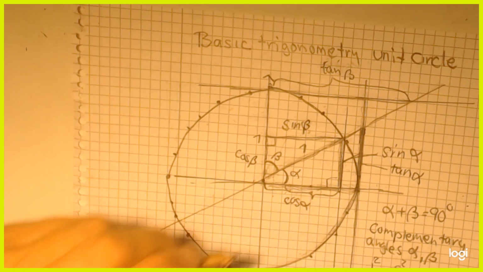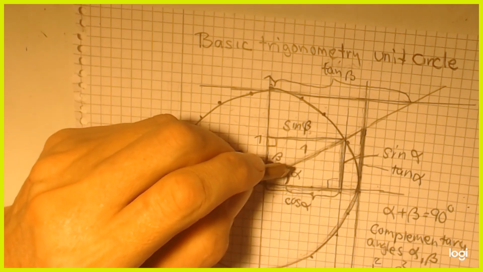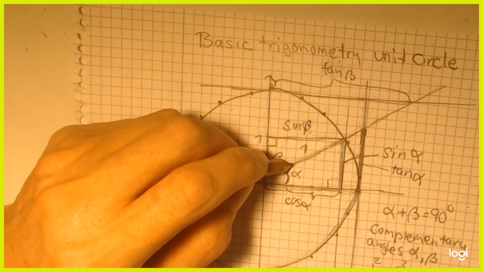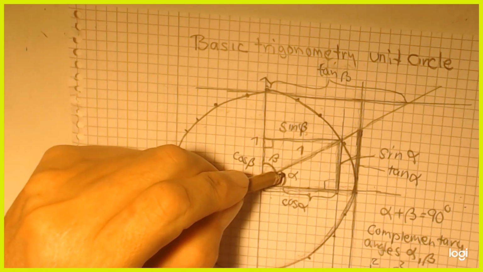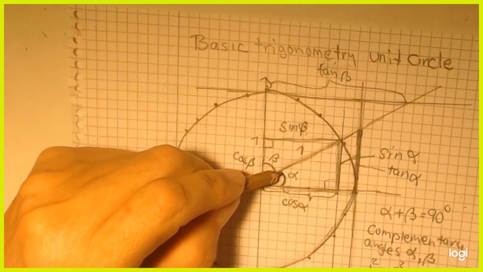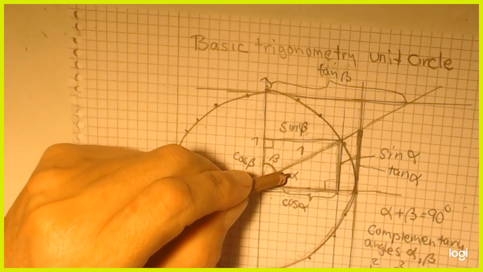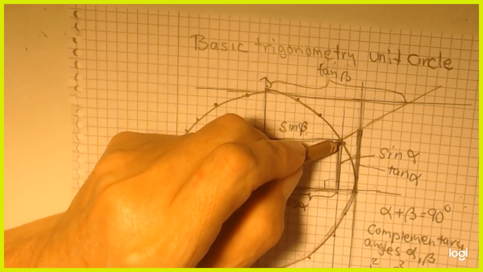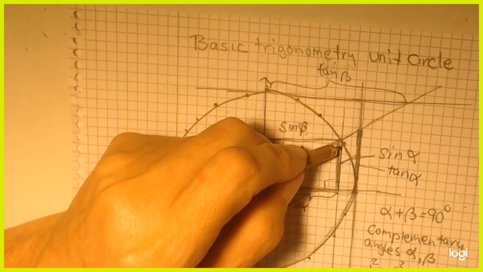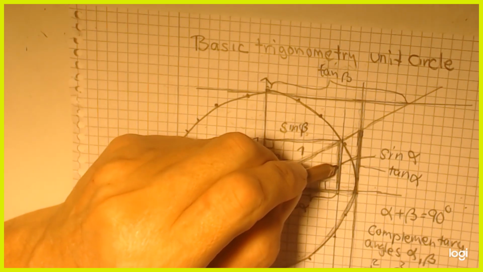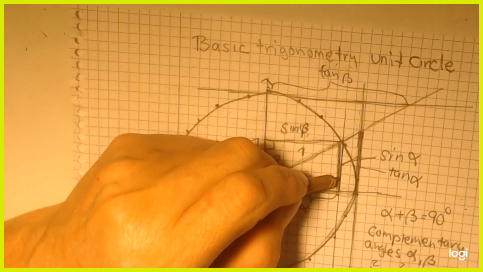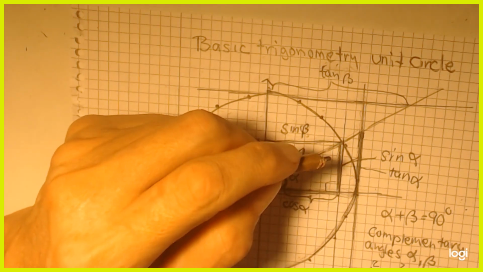It's a right triangle. And you have an angle here of alpha. And this side here has a name. It is named sinus alpha. So this length here is sinus alpha length units.